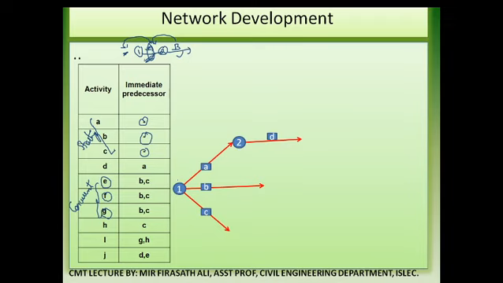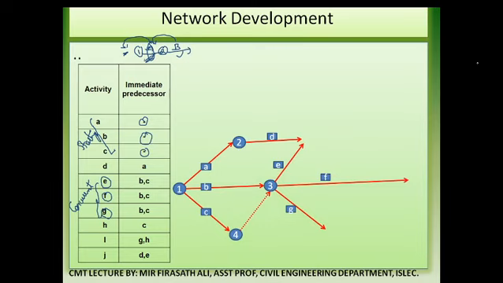Also D, the immediate predecessor of D was A, so A is also following. From B and C we will insert one dummy, and from that dummy the activities E, F, G will arise.